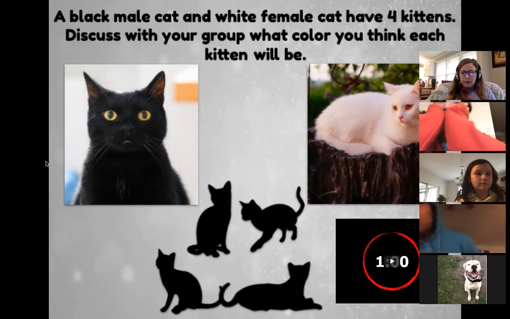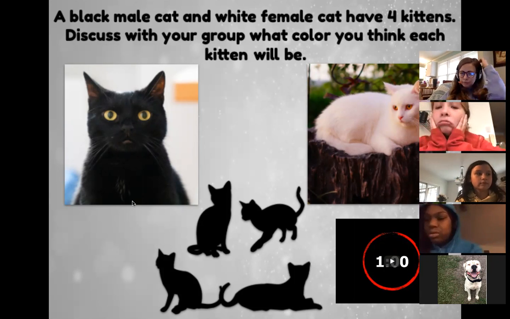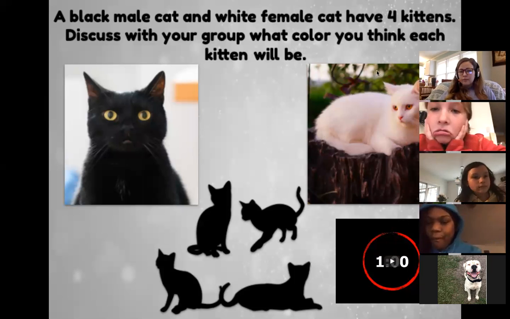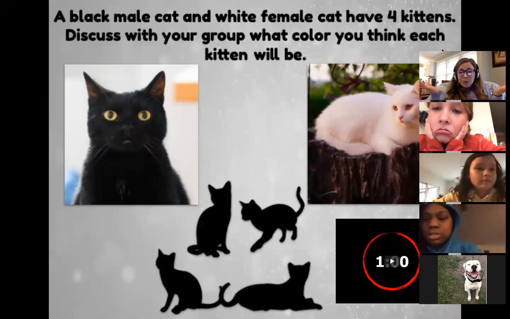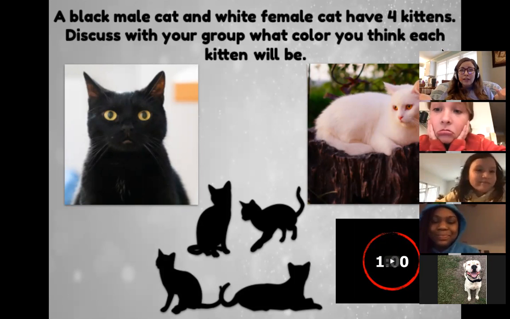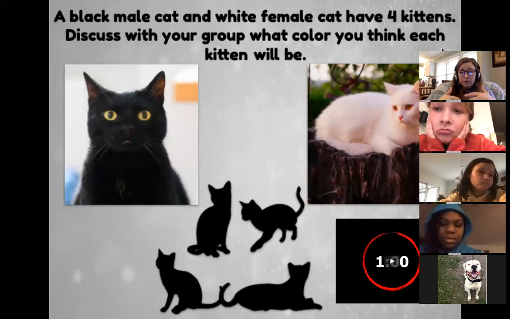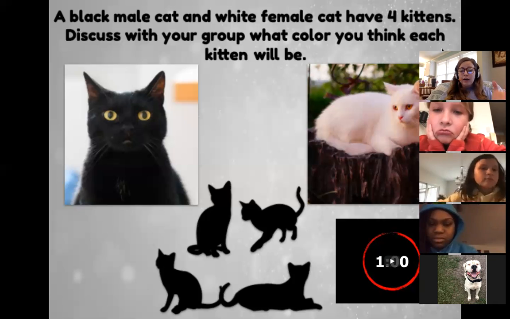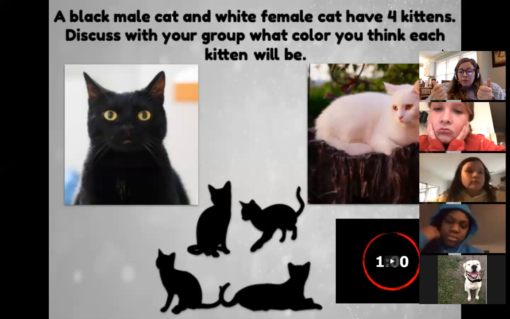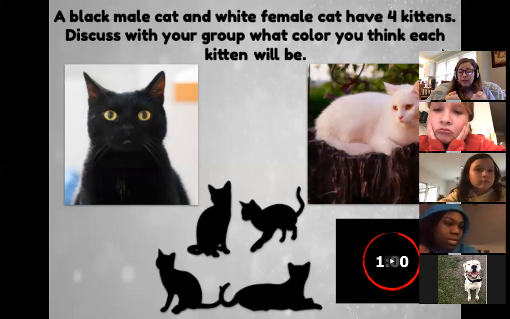Anybody else have anything they want to add to the discussion? All right. Honestly, I don't know what color the cats would be. It would really just be a random assortment of their genes. Any of you could be correct, just like that video talked about yesterday. The gentleman showed a deck of cards and said you get half of your deck from your dad and half from your mom.